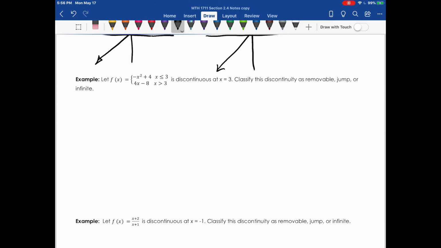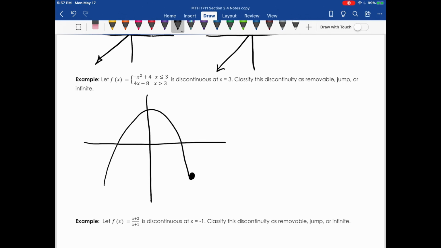Okay, the next example is an example of a jump discontinuity, because if I were to graph this, just a sketch, we're going to get something that looks like this. We have the upside down parabola, like this.